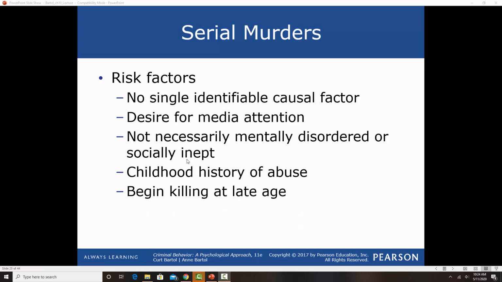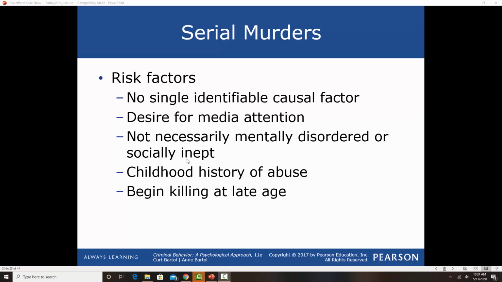When it comes to risk factors and psychological motives of serial killers, there's no one factor that we have learned, but we do know from looking at the backgrounds of serial killers or interviewing serial killers that they do tend to have a history of abuse and neglect.